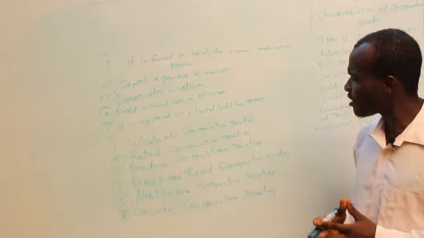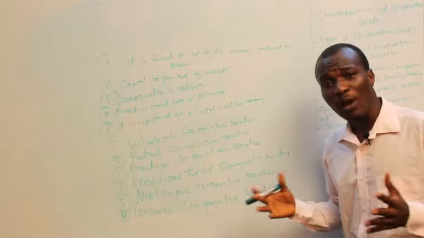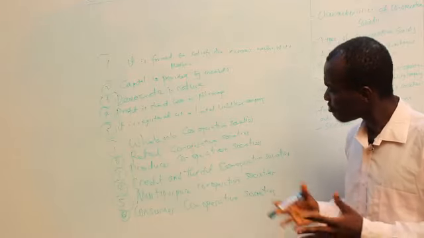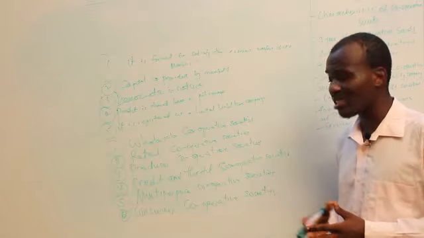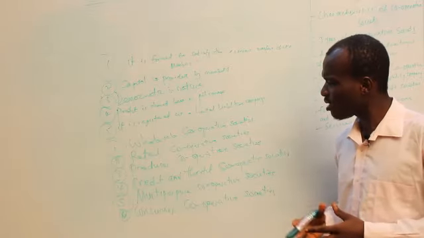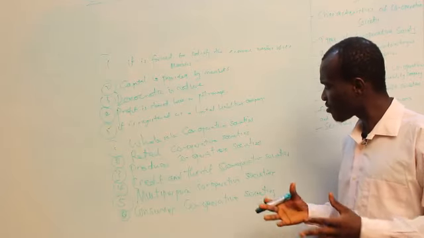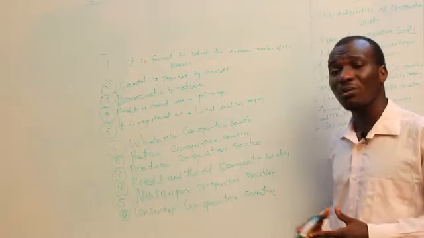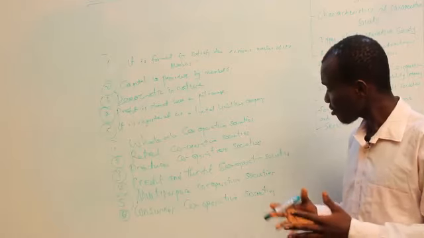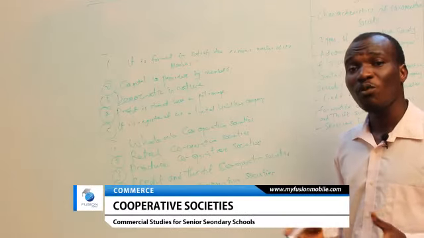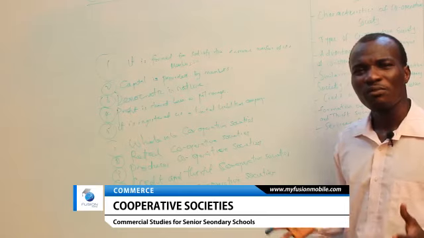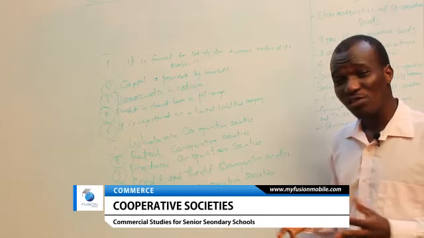So we talked about the wholesalers cooperative society, usually formed by a group of wholesalers. Also we talked about the retail cooperative society, formed by a group of retailers. We talked about the producer cooperative society, the credit and thrift cooperative society, and also the multipurpose cooperative society, which provides various welfare packages or services to its members.